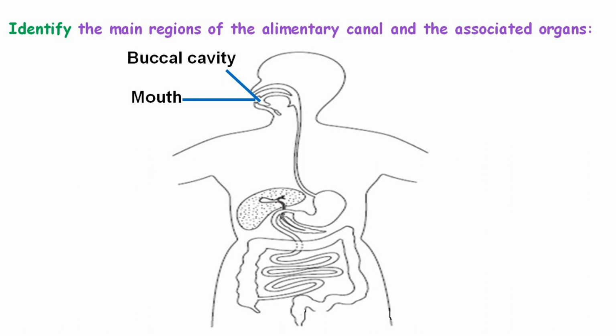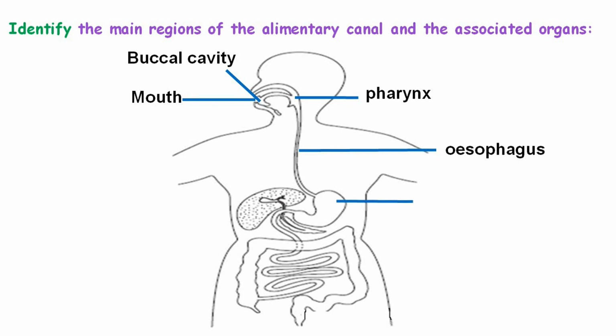Then food passes at the back of the mouth known as the pharynx. The long tube between the mouth and the stomach is known as the esophagus. The esophagus is approximately 25 cm long. Food then moves into a sac-like structure known as the stomach.